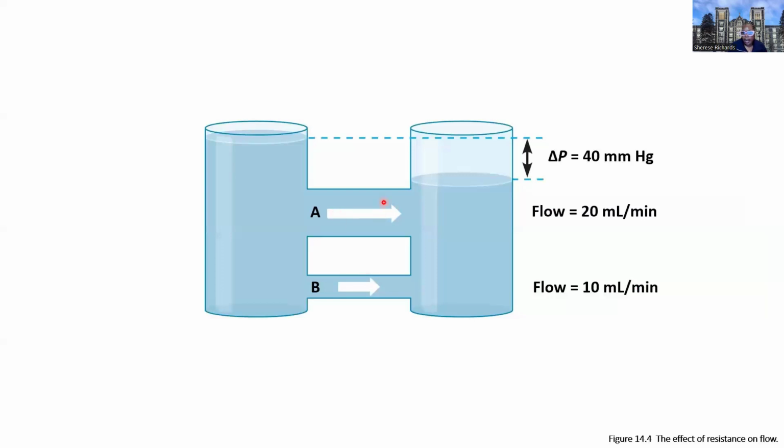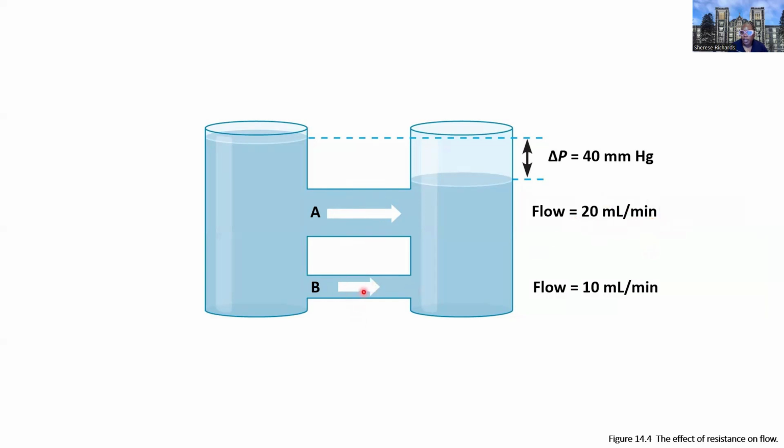However, in scenario A, we have less resistance because we have a larger diameter. Remember, radius is one of the factors that influences resistance. So a larger radius means that we have less resistance in this scenario. Scenario A, less resistance, that gives us a flow rate of 20 milliliters per minute.